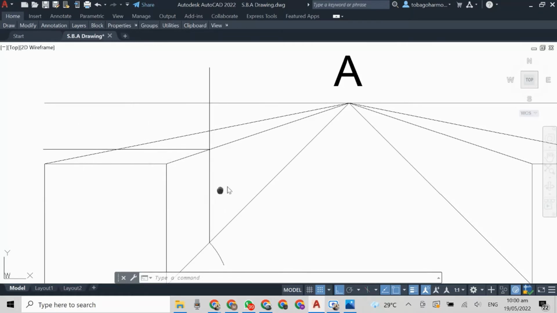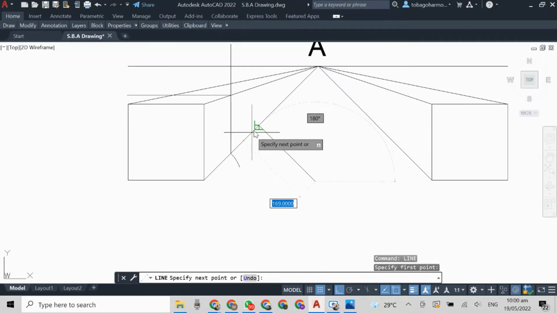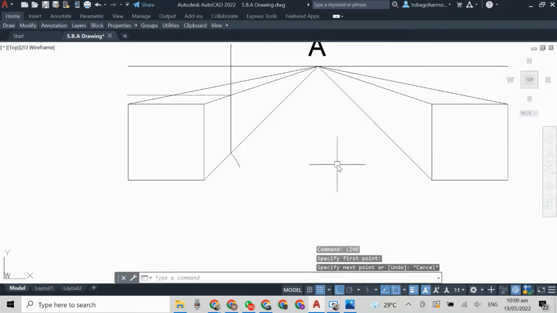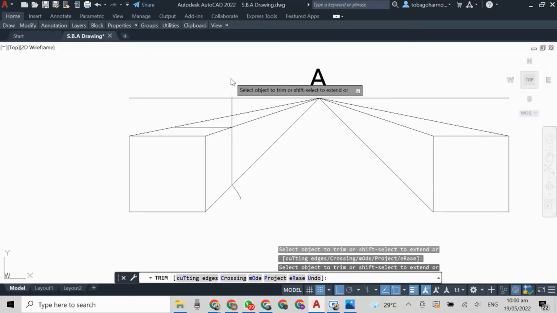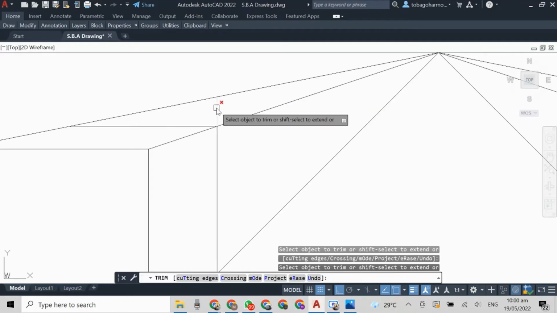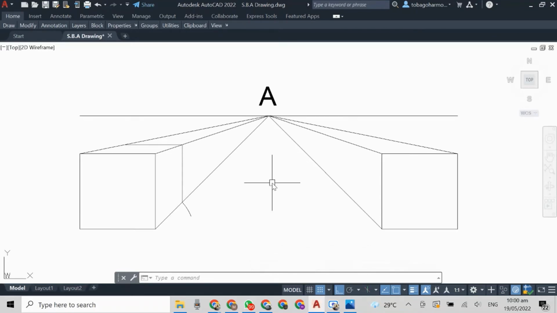Alright, so these are the lines, and alright, so this is me trimming the points where I would have extended the line beyond it. So that's one of the cuboids basically done, and we're going to turn our attention to the other side.